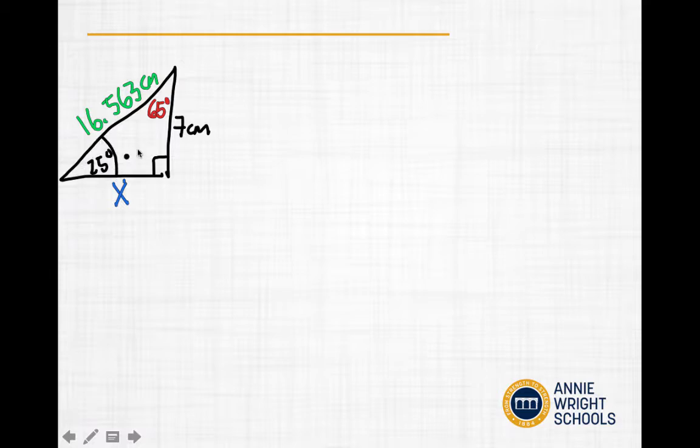I know the opposite side is 7 centimeters, and I want to find the adjacent side to that angle, x. So what I would like you to do in this situation is use the relationship that the tangent of 25 degrees is equal to 7 divided by x.